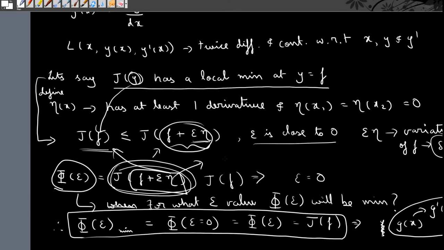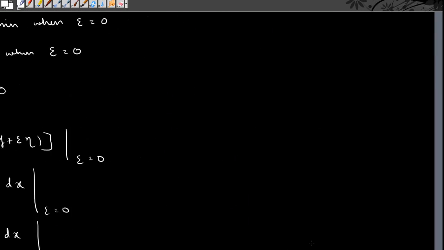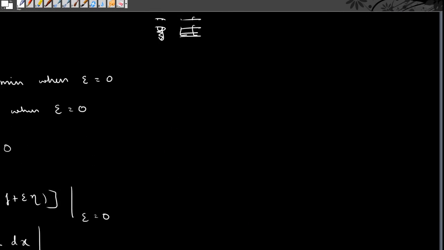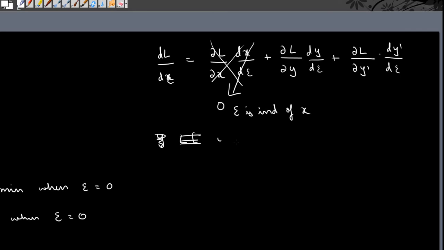So this implies y equals f plus epsilon eta and y dash equals f dash plus epsilon eta dash.